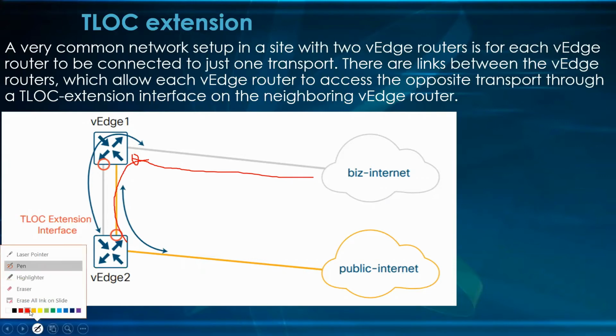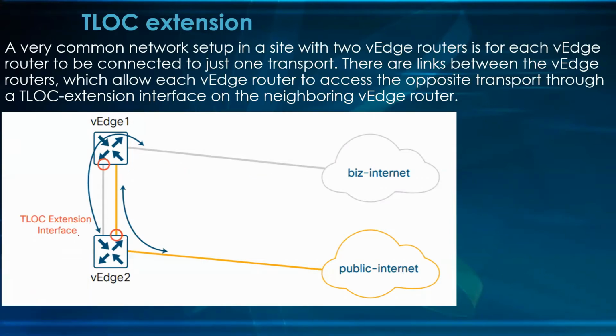Let me take a color. One transport, the beige color, is connected directly here. The other one I'm extending to this router. So what exactly is happening? Beige is being extended to the vEdge as well, without any routing protocol.